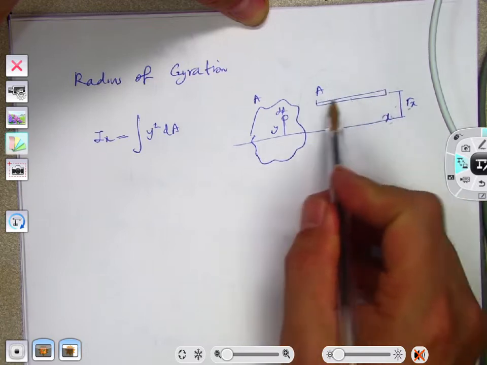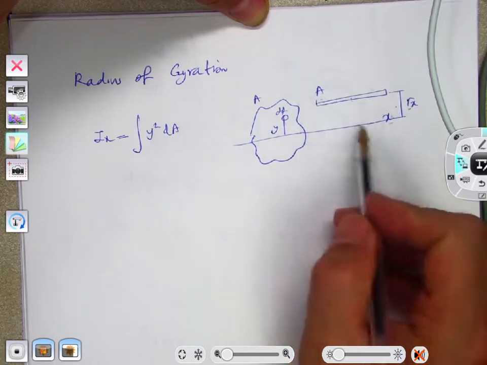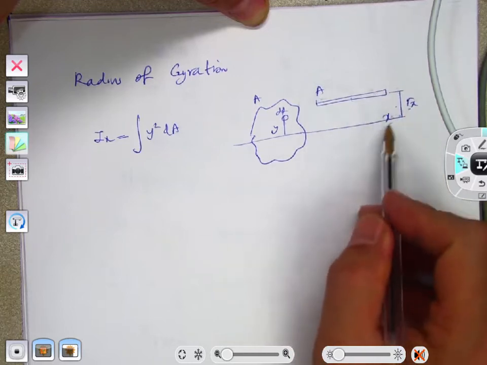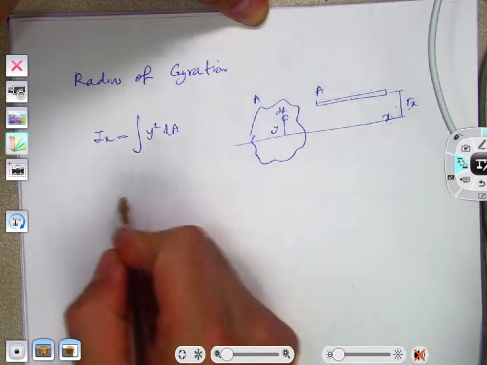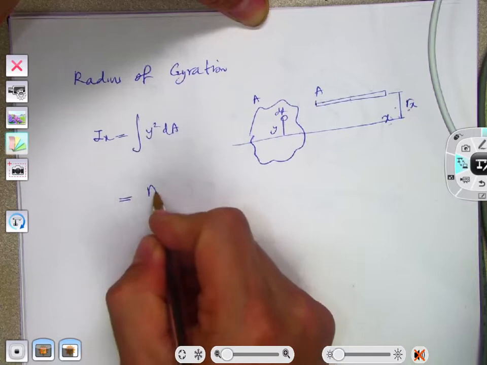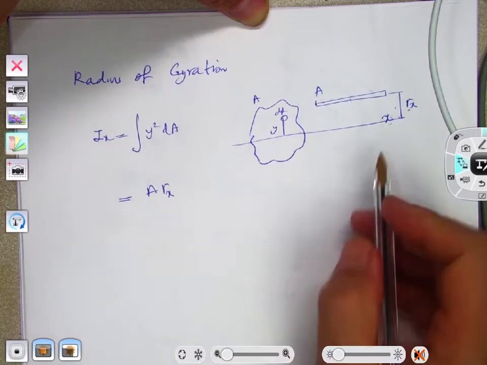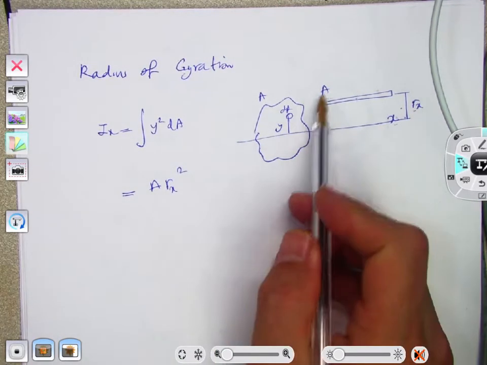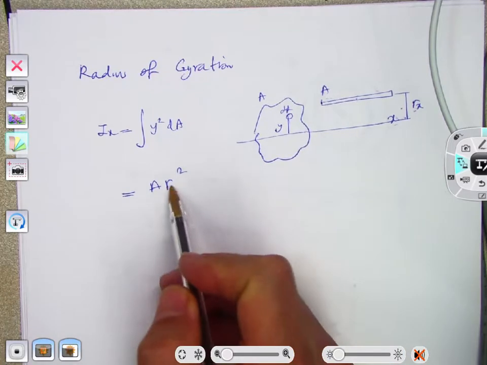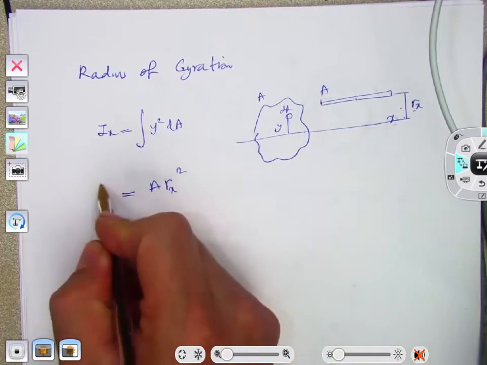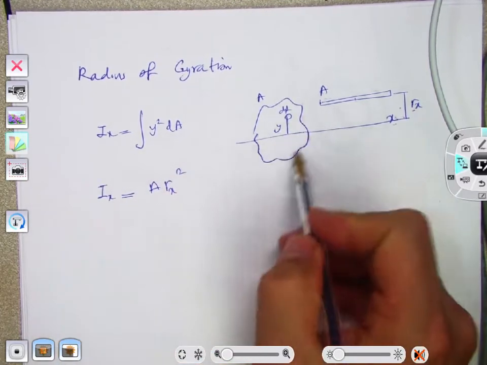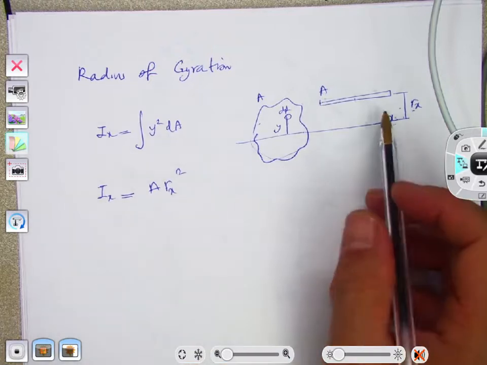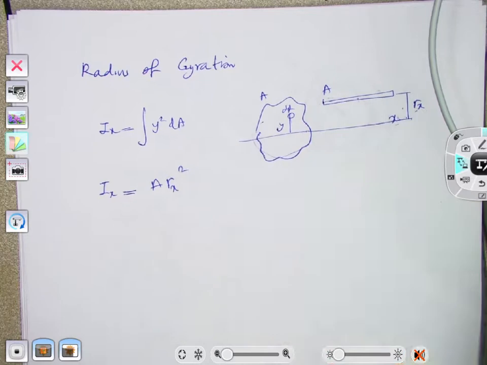For this narrow rectangle, since everything is at the same distance Rx from the x-axis, the moment of inertia is going to be basically whatever that area is times Rx squared. So these two have the same area, and by setting this equal to the original moment of inertia for the arbitrary shape, I'm going to be able to find that distance Rx that gives me the same moment of inertia about the x-axis.